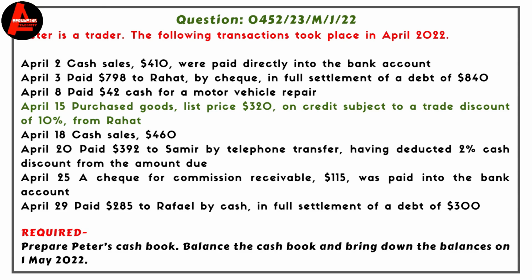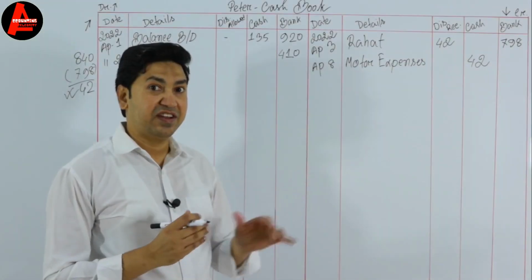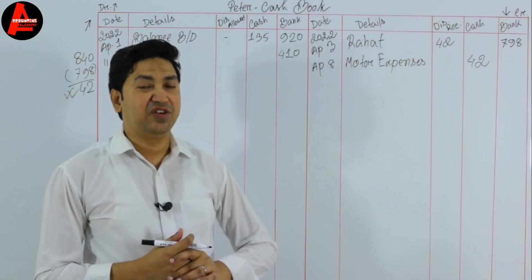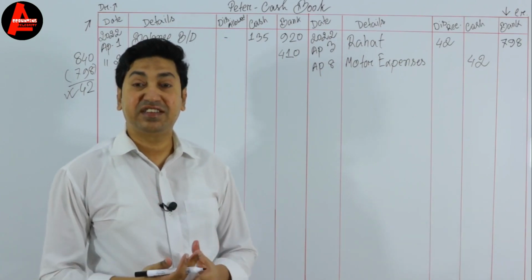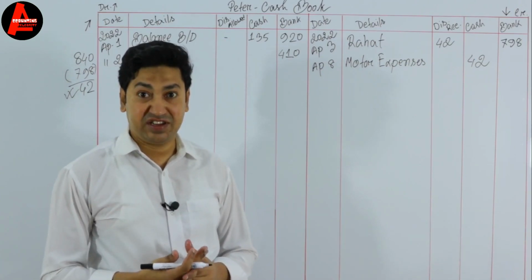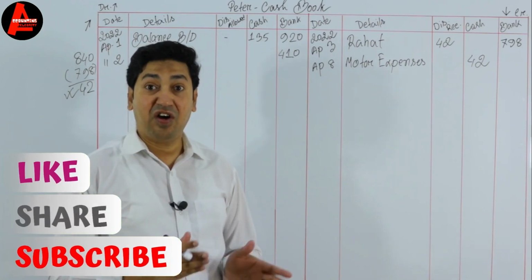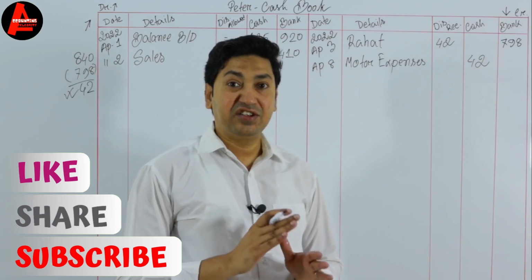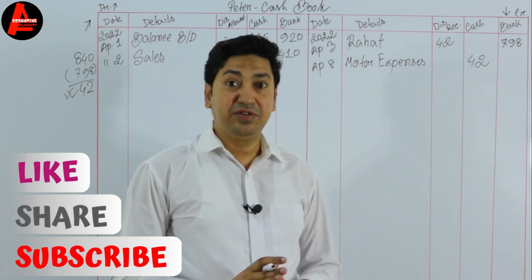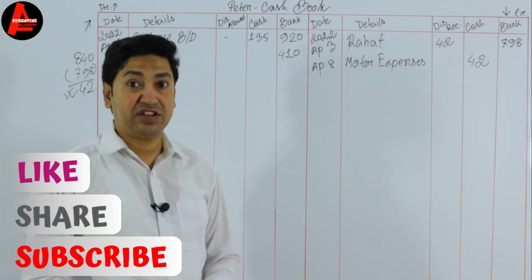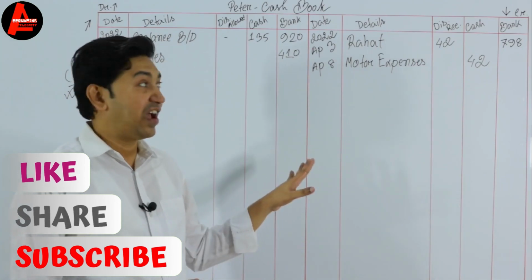Okay, our next transaction is 15. Purchased goods, list price $320 on credit, subject to a trade discount of 10% from Rahat. Will this transaction appear here? No. Why? Because this is not a cash transaction. This transaction was not made in cash or by check. So there is no relation between this transaction and the cash book.